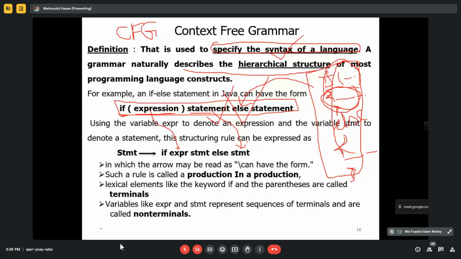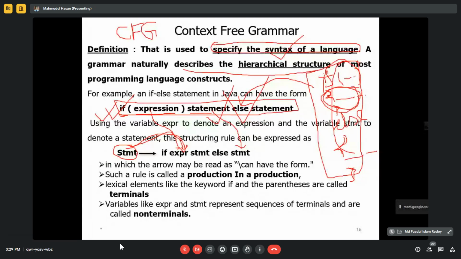If you consider C programming, there are different types of statements: conditional statement, loop statement, variable declaration statement, and many other types. This one is a conditional statement, one kind of statement. That means statement can be like this.